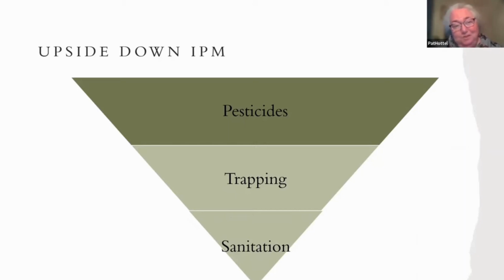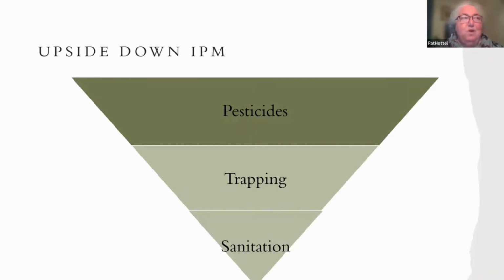We may have to use the upside down IPM approach, where pesticides are used to start to get relief and get as much control as possible as we wait for that ability to make those longer term controls. Subslab fly problems, the same thing. That's a capital expense. It's not going to happen the next day.